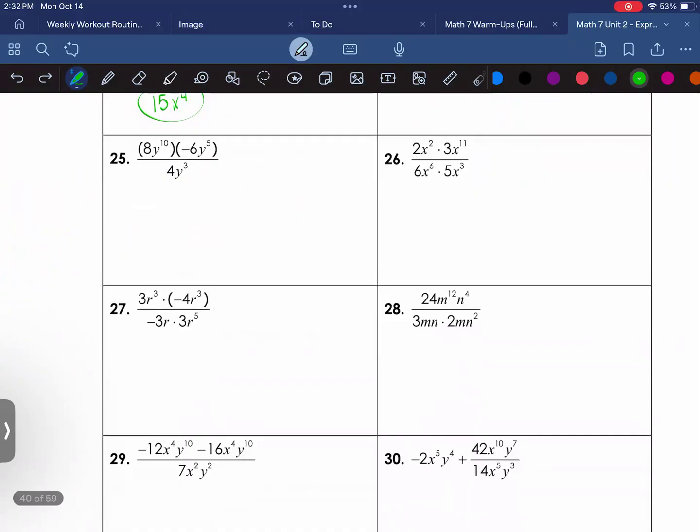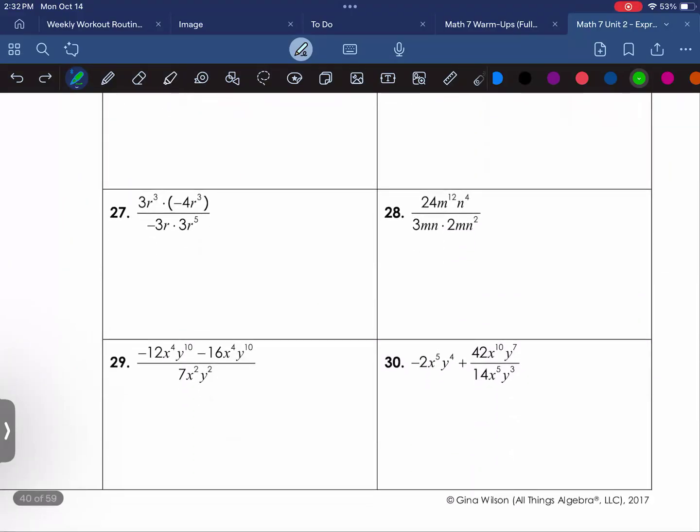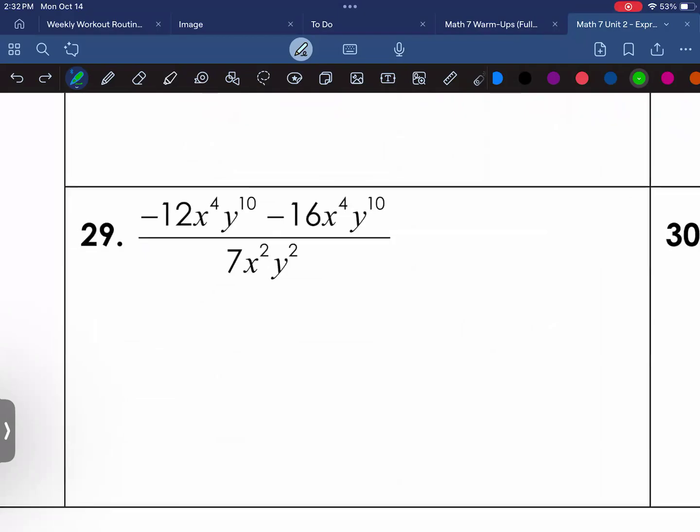All right, let's go ahead and go to number 29. So number 29, before we do this division down here, we have to simplify the top of our fraction first, just like way back when we were doing PEMDAS.